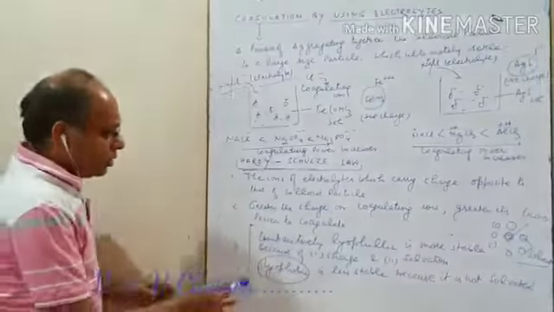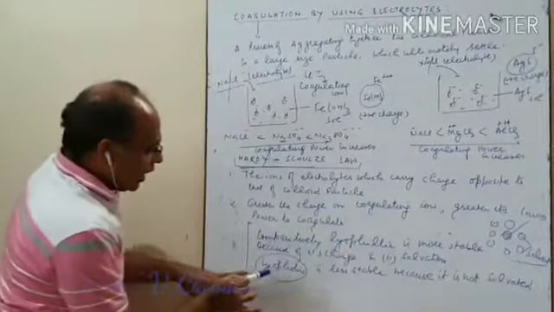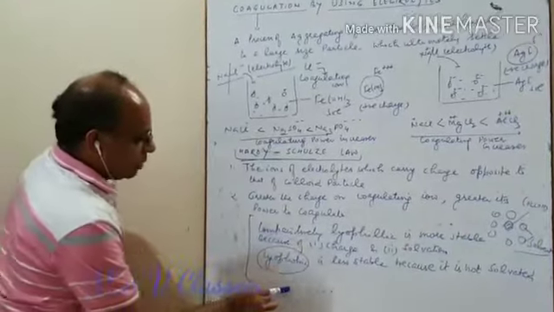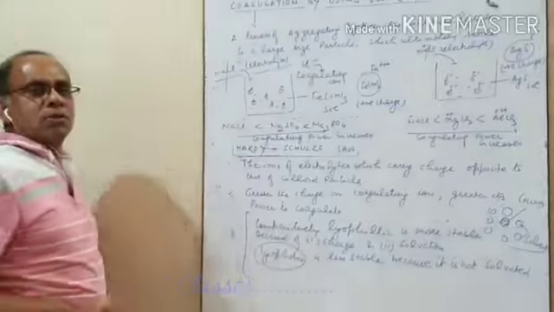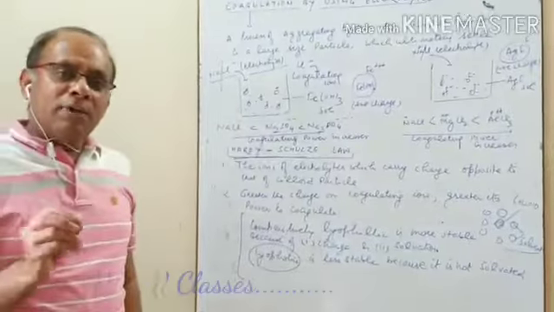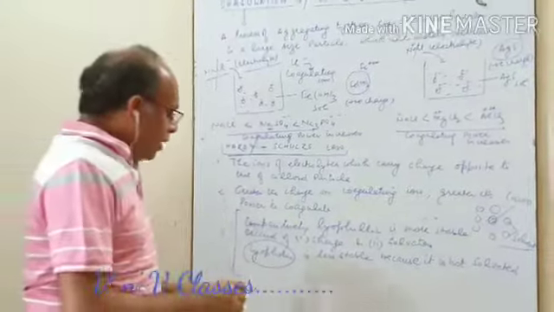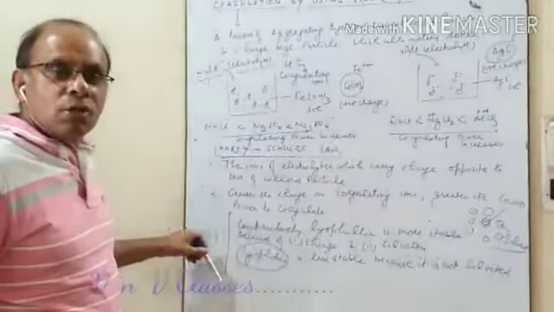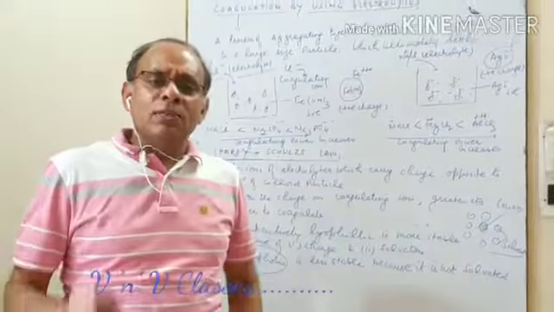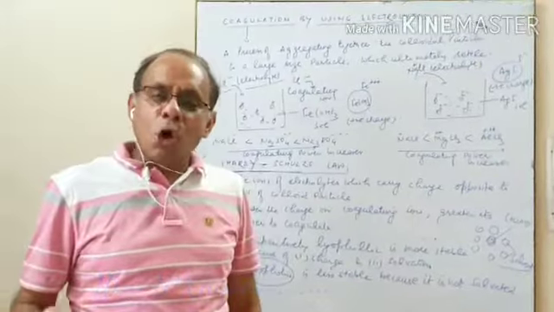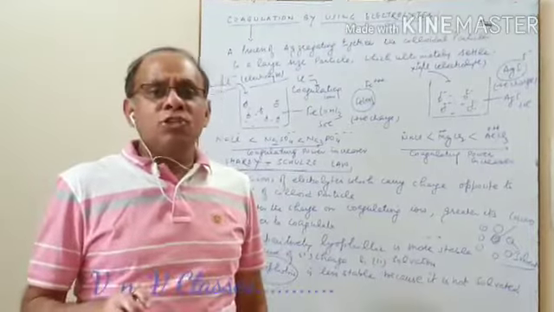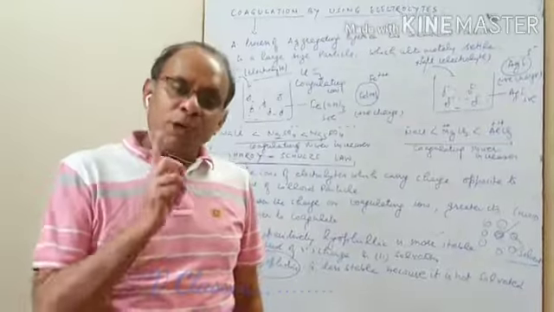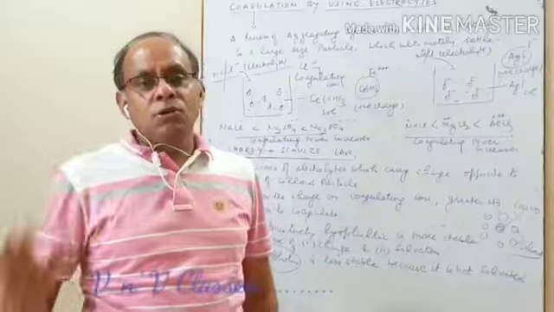So as and when lyophilic sol is added to lyophobic sol, it makes a cover around the lyophobic sol, and that's why lyophobic sol can be prevented from coagulation by adding the lyophilic sol. This phenomenon is called protection of colloidal sol, and lyophilic sol is called protective colloid because it is protecting lyophobic sol. Thank you.